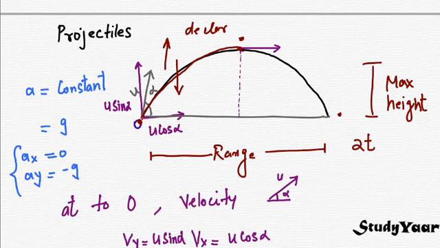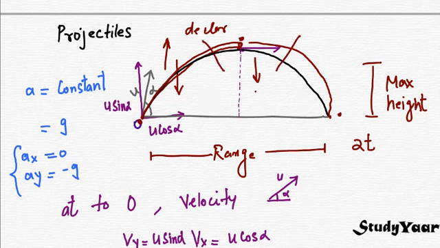So its velocity is decreasing up till an instant where it becomes 0, which is over here. From here to here, my velocity is increasing, although in this direction. At this point it is absolutely 0, and due to gravity it starts increasing up till it touches the ground. So these two paths are exactly symmetric.